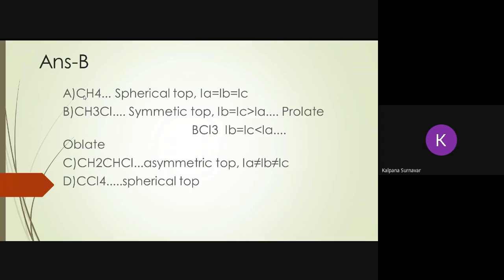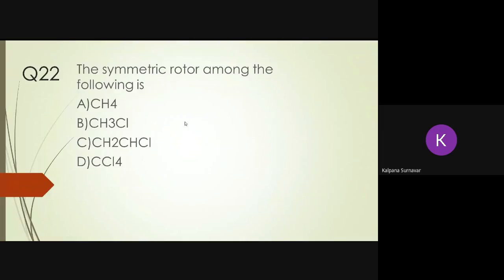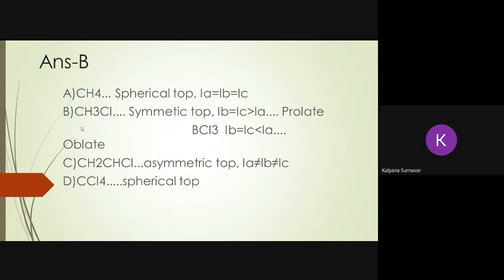CH4 and CCl4 are microwave inactive. Then there is only one example, CH3Cl, which is the symmetric rotor or symmetric top. So option number B is the correct answer.